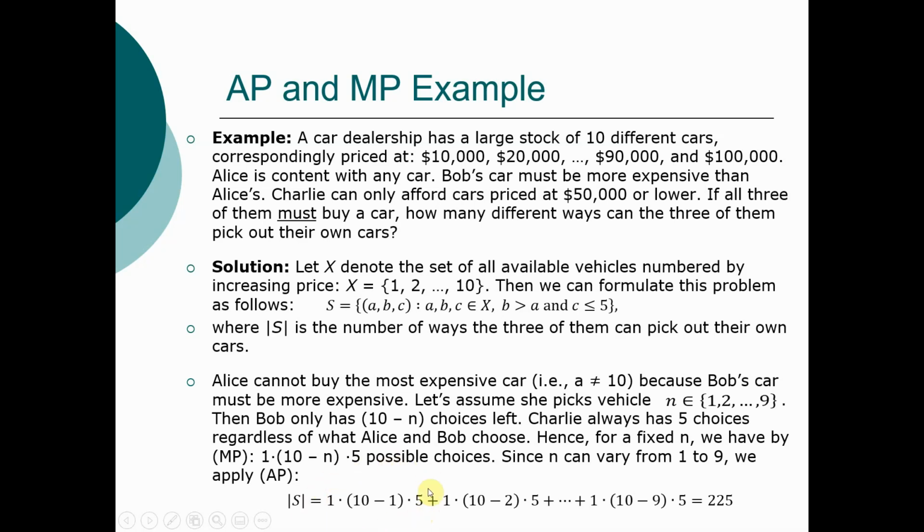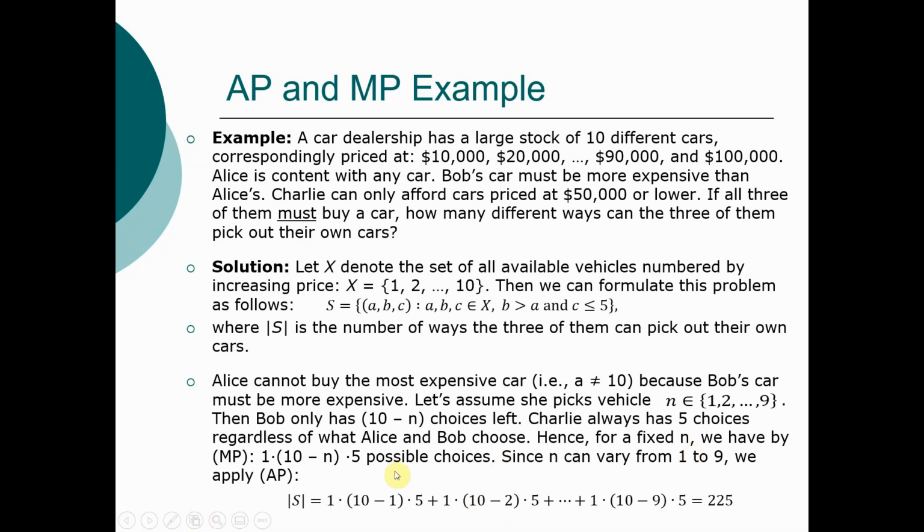So in that case, we would have 45 different cases. If Alice picks the second one, then Bob would have 8 different options, and Charlie still has 5 options. So in that case, we have this many options, and this can go on.